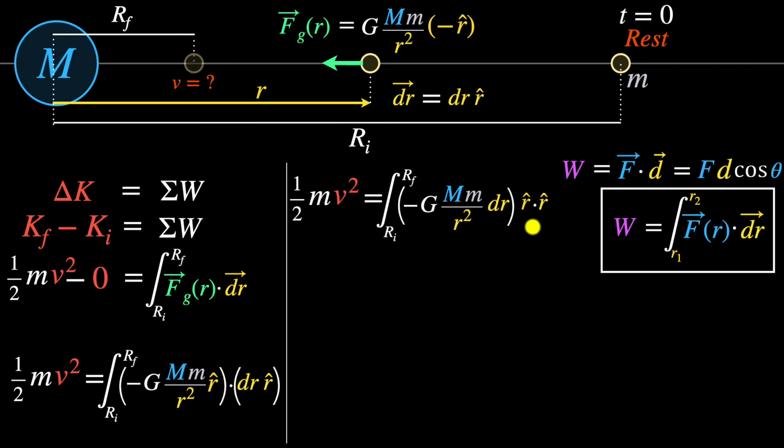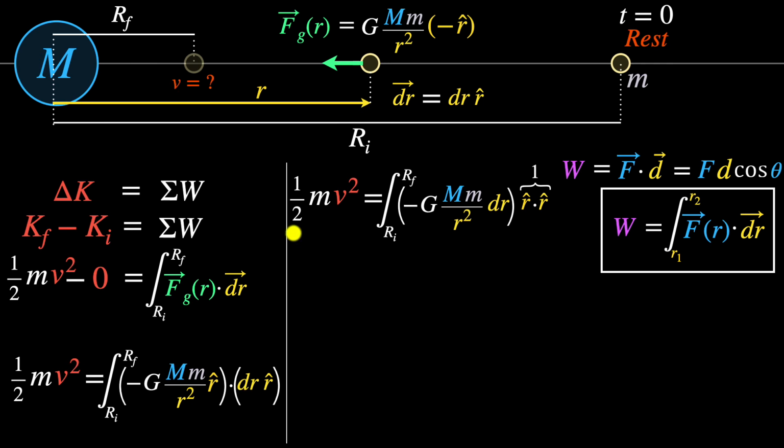What's this dot product equal to? Well, remember, dot product equals the magnitude of r hat, which is just 1, times the magnitude of the other r hat, which is also 1, times the cos of the angle between the two r hats. Well, the two r hats are in the same direction, so the angle is 0, so cos 0 is 1. So it's 1 times 1 times 1, which is 1. So this dot product is just 1.